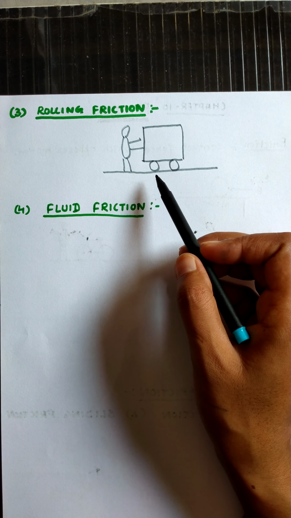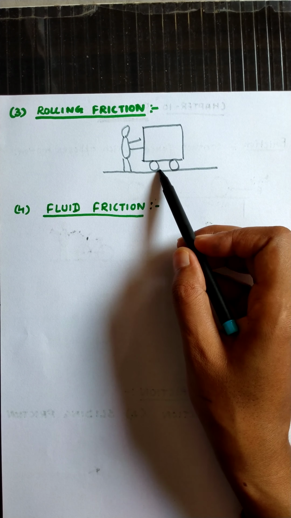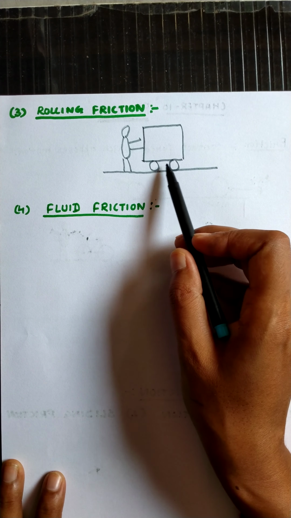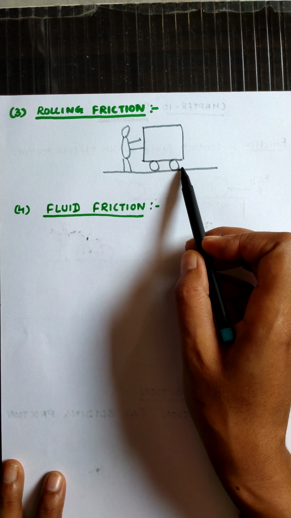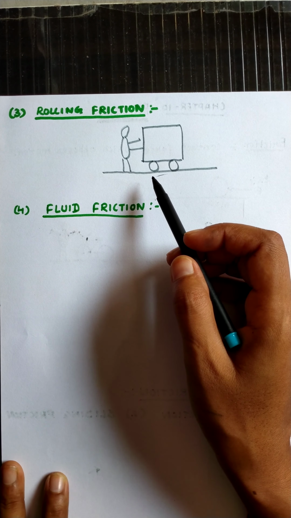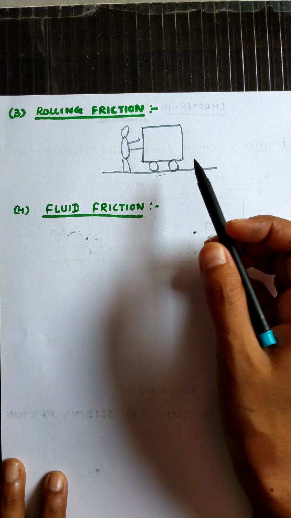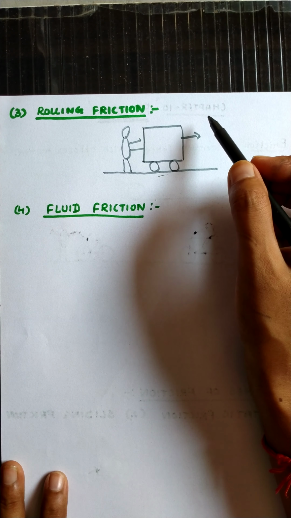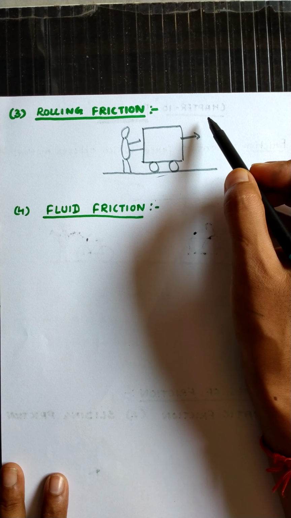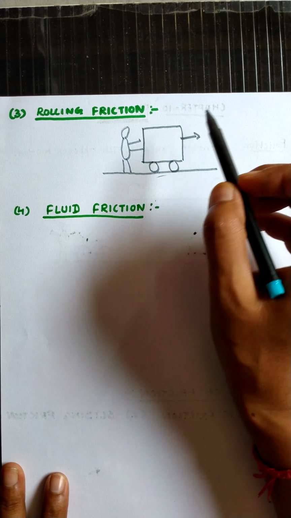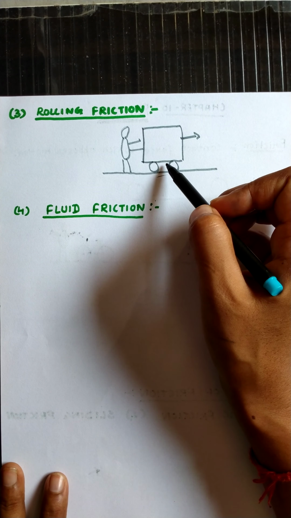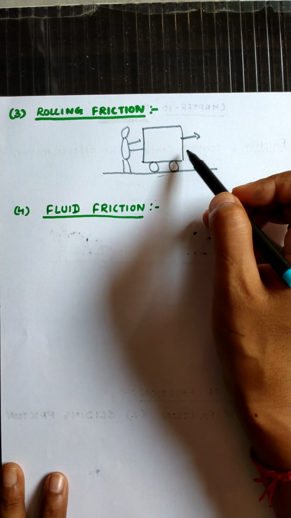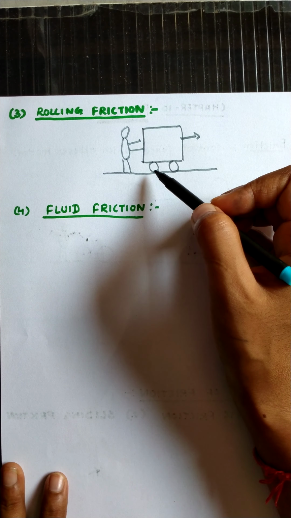So the resistance produced, or the friction force on the tires, is comparatively lesser, because less surface is in contact with the ground. So rolling means it will move easily as compared to an object at rest or a continuously moving object. It is very easy to put such a body in motion because it is having tires.